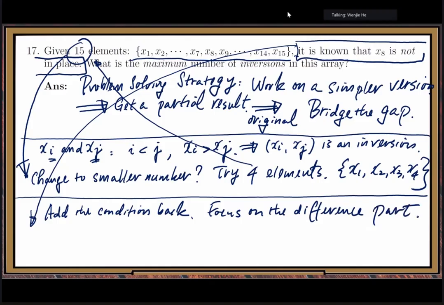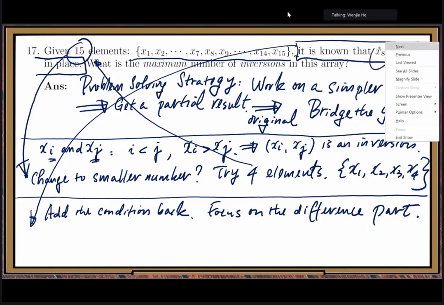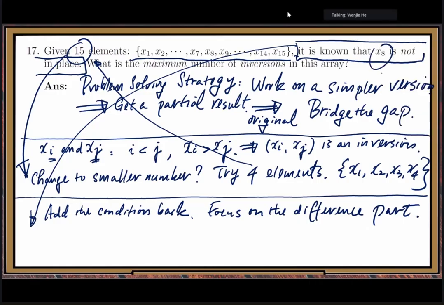The difference part: x8 is not in place.